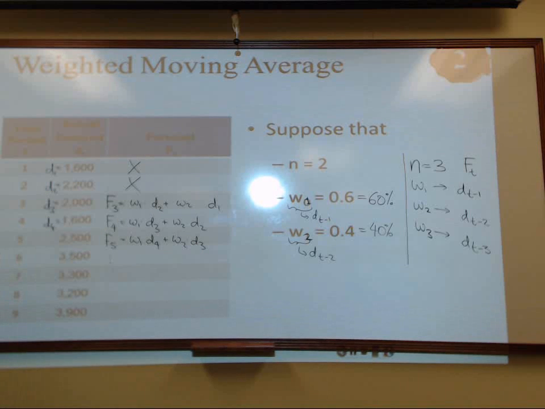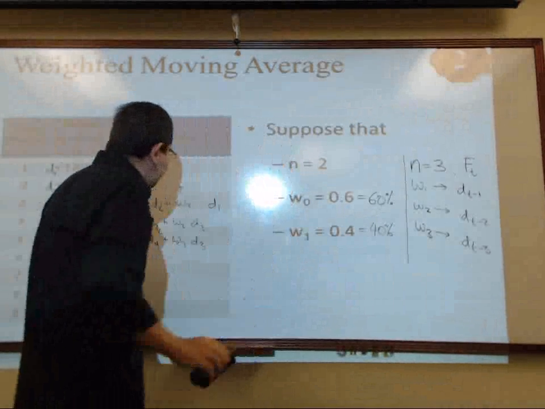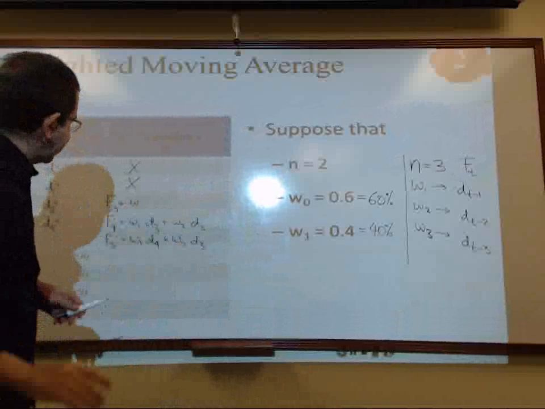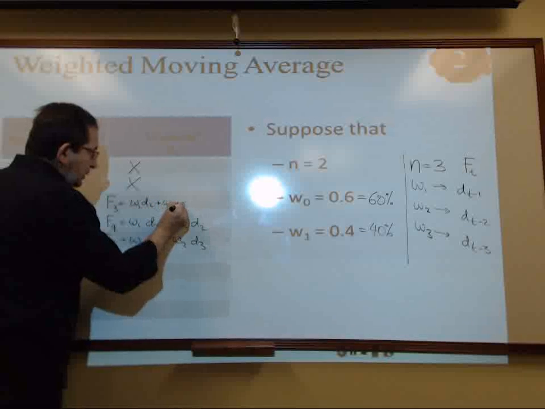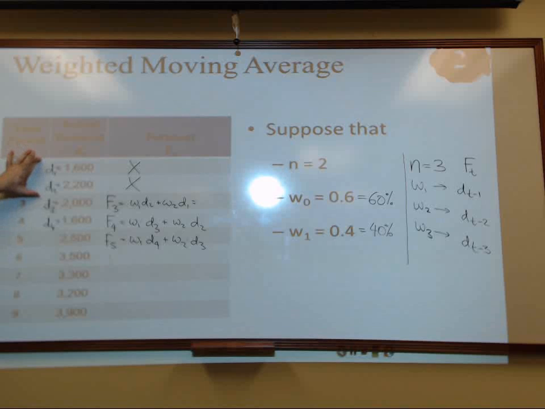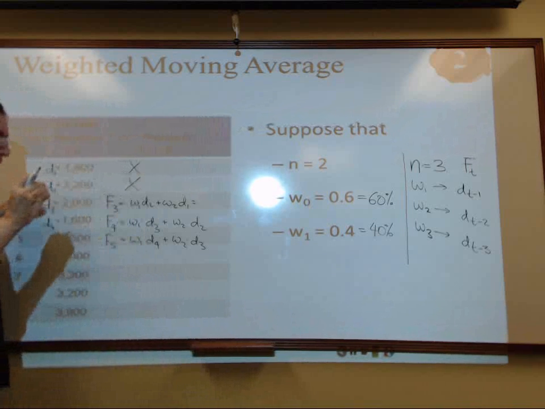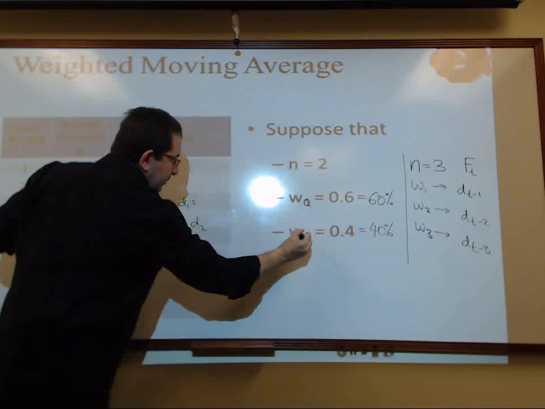Just as an example, let's plug in the numbers. Let me rewrite this in a more compact way: W1 D2 plus W2 D1. I'm going to use these 2 periods to forecast period 3, and so 2,200 will be weighted more because it's most recent, W1, W2.